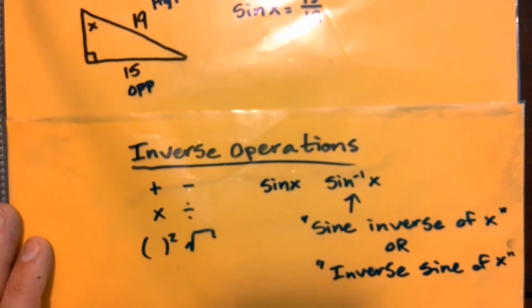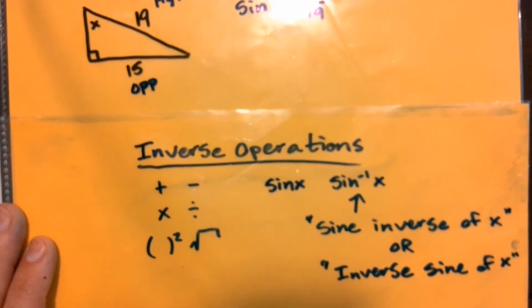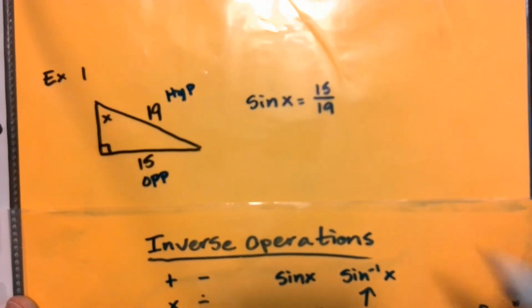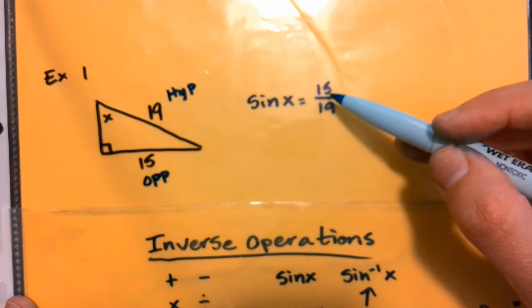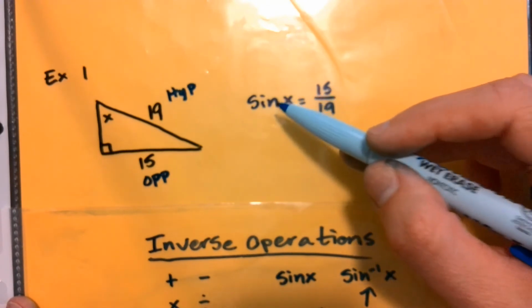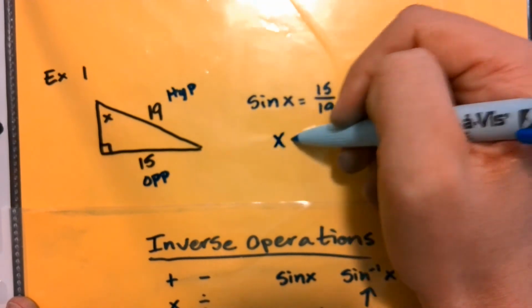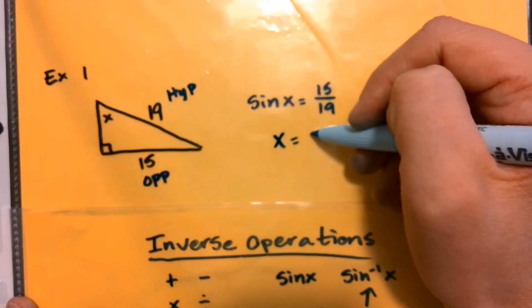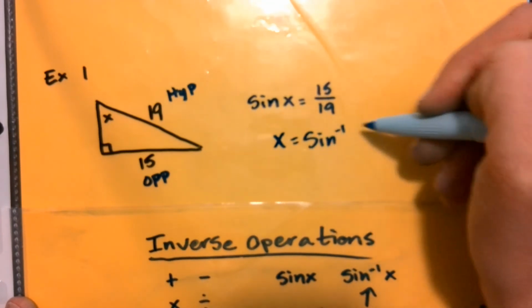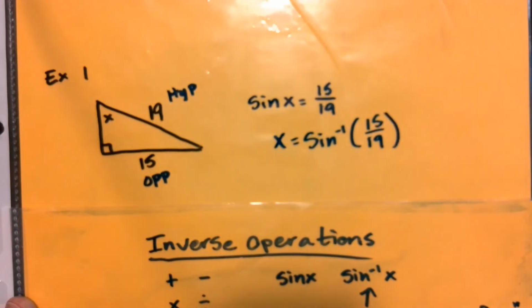So either way, sine inverse of x or inverse sine of x, that's what we're talking about. So if we are trying to get that x by itself, what we're actually going to do is take the sine inverse of both sides. On the left side, if I take the sine inverse of sine, it's going to undo it, just like we took the square root of something squared. On the right side, I'm going to have sine inverse, because we sine inversed both sides, of 15 over 19.